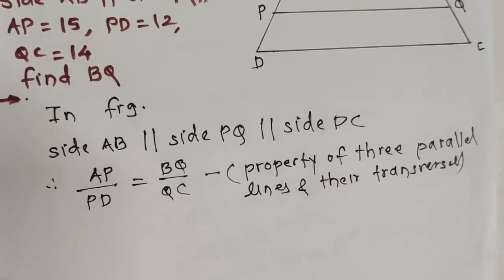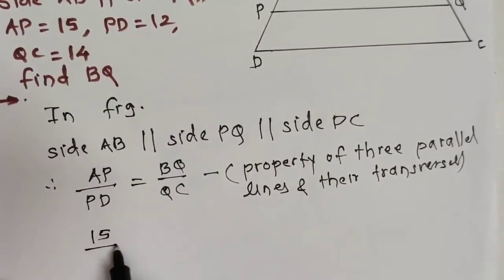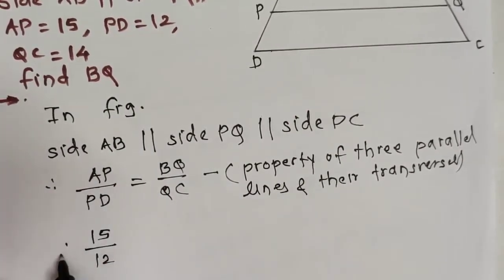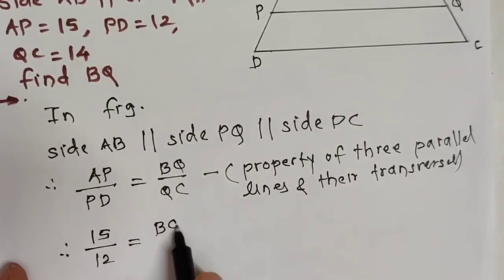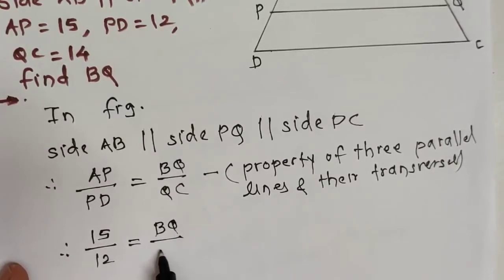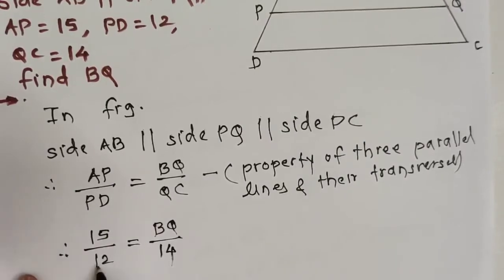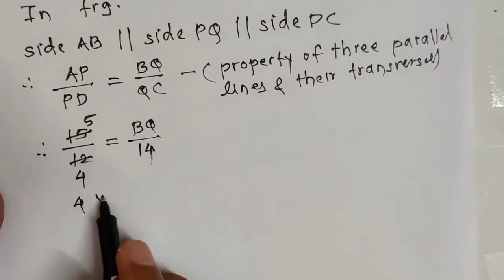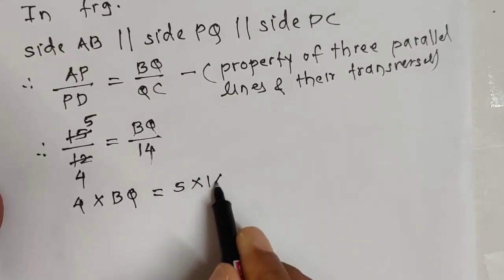Now substitute the values. Here AP is given 15, PD is 12, is equal to BQ, which is not given and we have to find, upon QC is 14. Now by cross multiplication, 3 fours are 12, 3 fives are 15. So 4 into BQ is equal to 5 into 14.